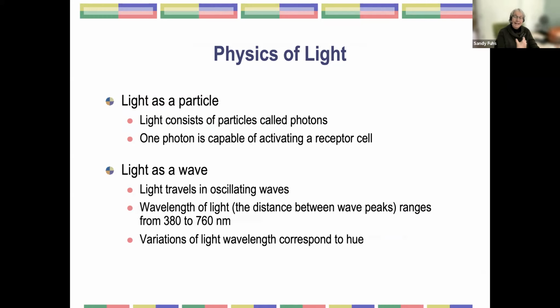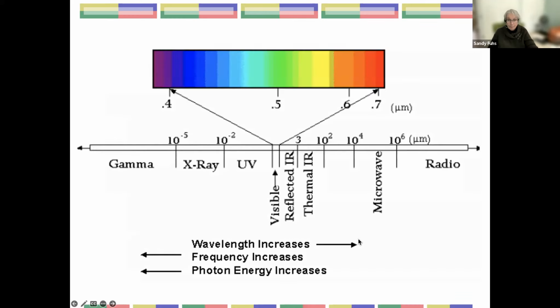They actually work with different receptors, and light oscillates, it moves, and we see the wavelengths between 380 and 760 nanometers. That will become clear in a minute. And so depending on which wavelengths, the 380, 760, or somewhere in between, those will give us different colors.